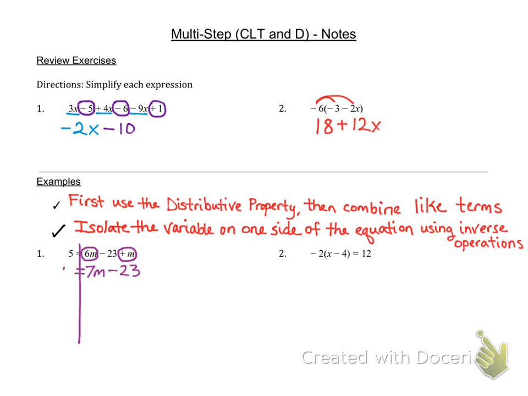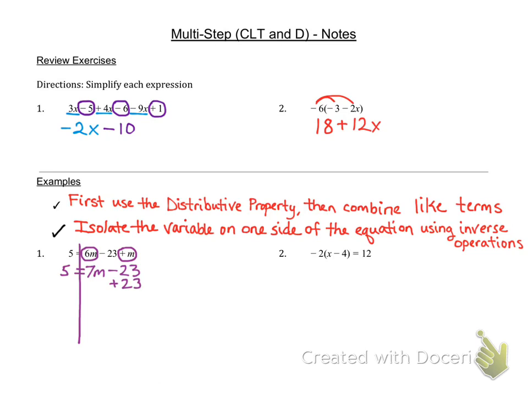And that's equal to that 5, so I brought everything else down after I combined like terms. Now, this is just a two-step equation, so remember when we solve a two-step equation, first we want to add or subtract to isolate the variable, and then we want to multiply or divide. So the next step I want to take here is to do the opposite of a negative 23, which is a positive 23.